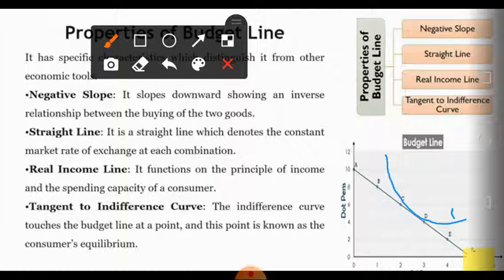At the level where this indifference curve IC is touching the budget line, like this point, is your equilibrium point. I am highlighting this point. Whenever the IC curve and budget line are tangent to each other, that level is called consumer equilibrium in case of IC curve.